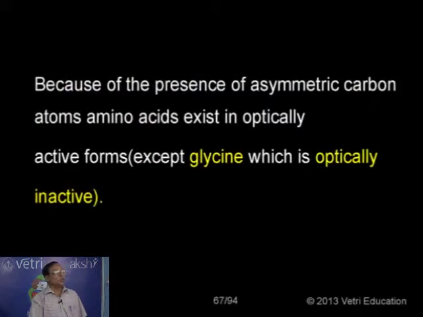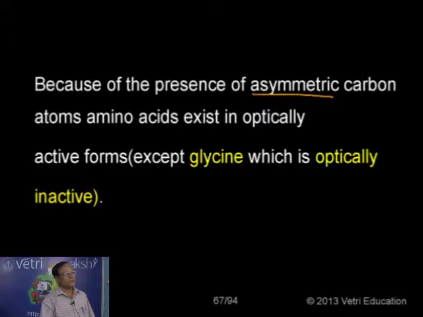Now, the alpha carbon atom is normally asymmetric in nature. Because of the presence of this asymmetric carbon atom, all amino acids exist in optically active forms. All amino acids are optically active, but glycine is optically inactive.